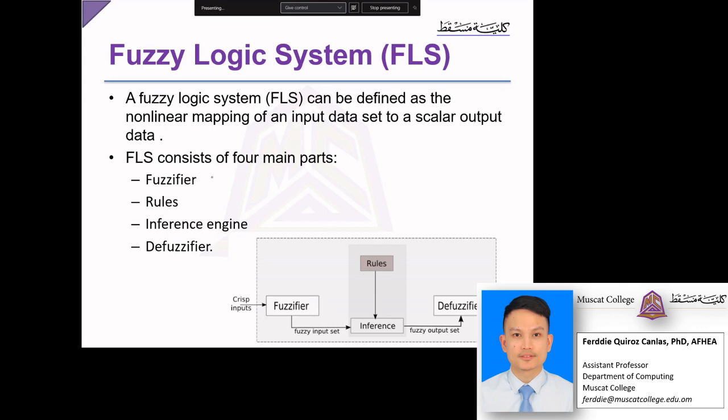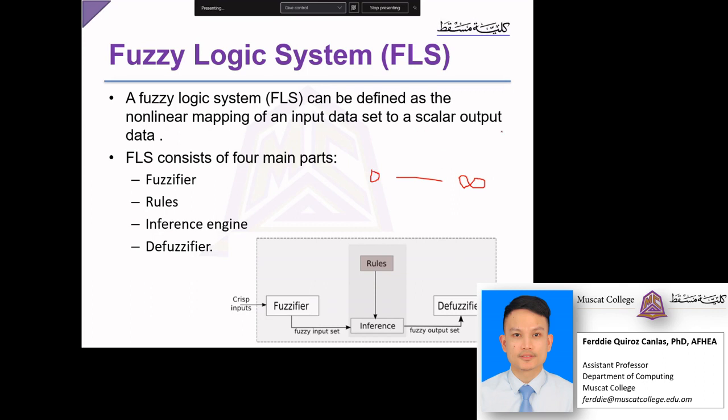You have to remember, we are trying to map non-linear values. When we say non-linear values, this could range from 0 up to infinity. So we call it non-linear mapping.